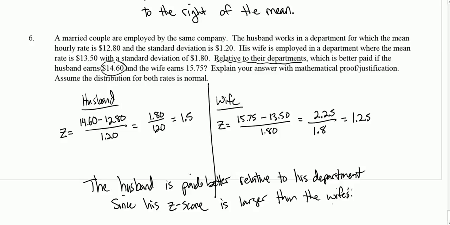Notice the wife does make more money. She makes $15.75 where he makes $14.60, but within their respective departments, the husband is higher paid.